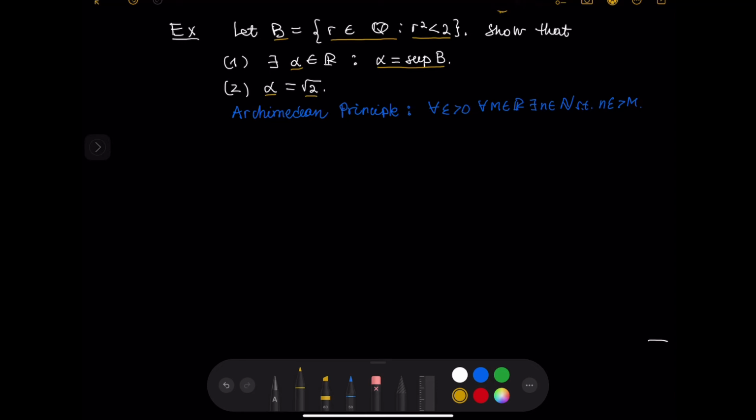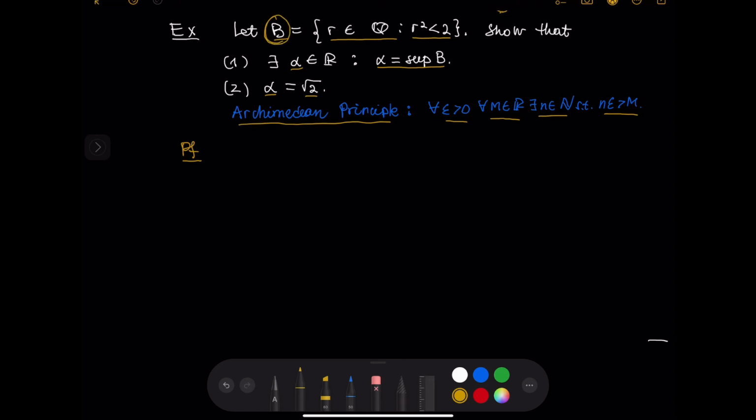And in order to do that, we are going to use the Archimedean principle, which we stated earlier. So for every epsilon greater than 0, for every real number m, there exists a natural number n such that n epsilon is greater than m. So let us consider the proof. So by the completeness axiom of real numbers, if the set B is bounded from above, then it has a supremum.